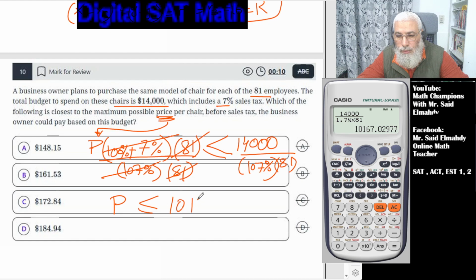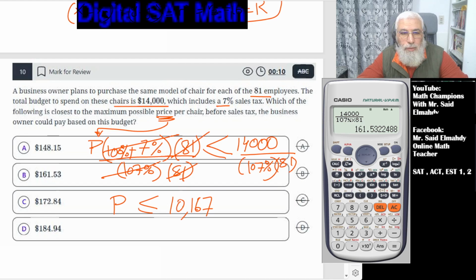This is 10,000. Something is wrong here. 14,000, 107%. This is 107.